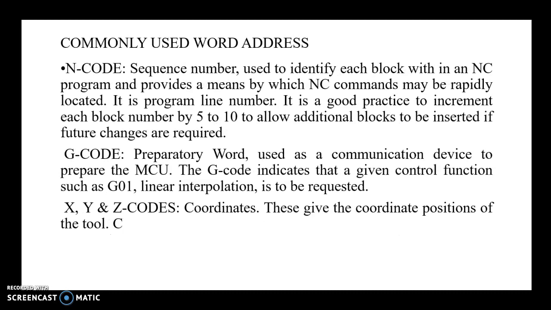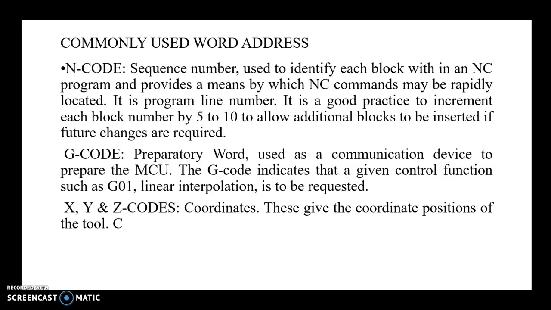In the commonly used word address format, the sequence number is used to identify each block within the numerical control program and provides a means by which numerical control commands may be rapidly located. It is the program line number.